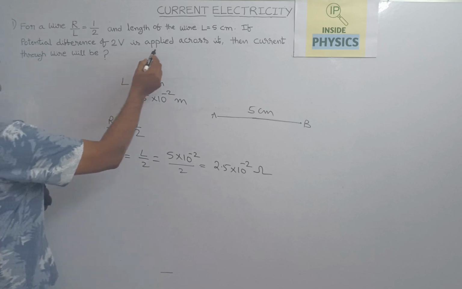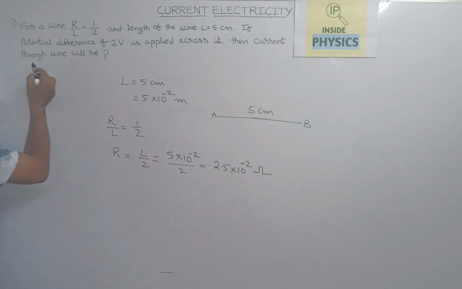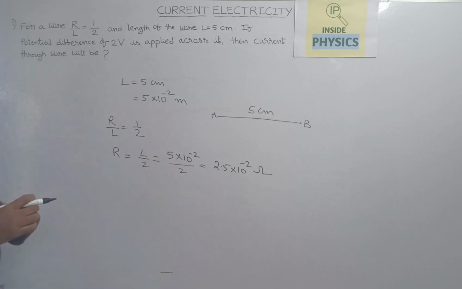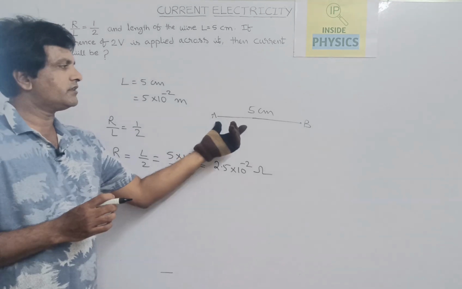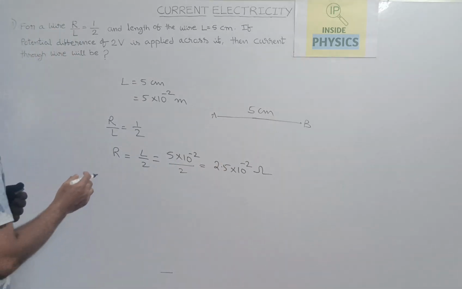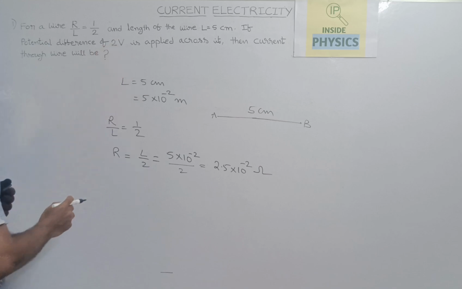Now what is asked in this? The current through the wire. We know that according to Ohm's law, there is a conductor and it has a current flow, which means there must be a potential difference across it. What is the potential difference across the conductor? 2 volts.